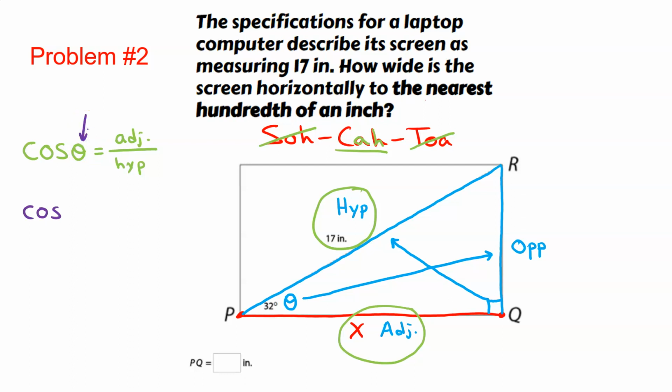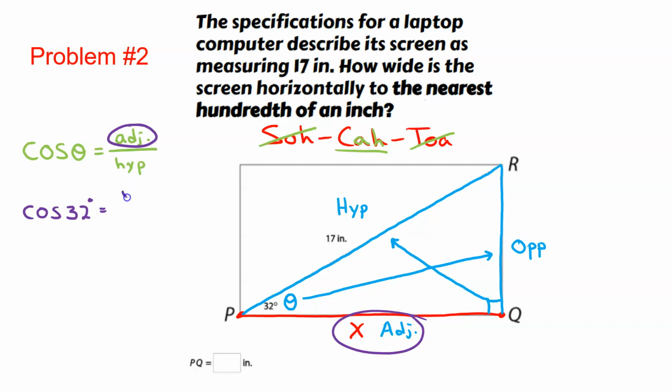I actually know theta. I placed theta at that angle, 32. So I'm going to say cosine of 32 degrees is equal to, well, what's my adjacent? That's what I was trying to find, so I'm going to leave that as x. That's my unknown. And my hypotenuse is up here, which was 17.